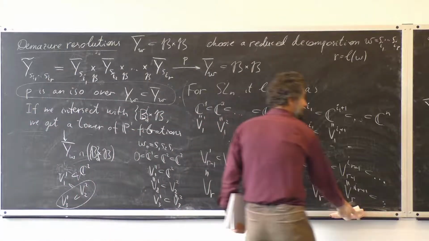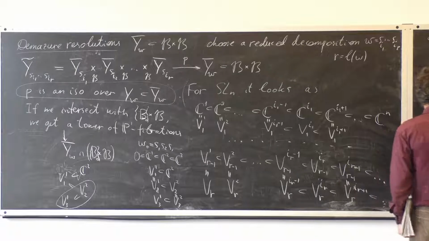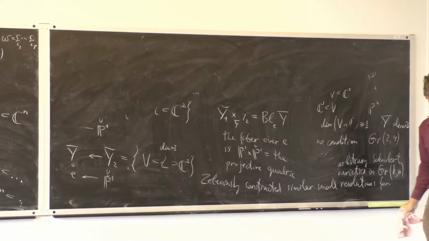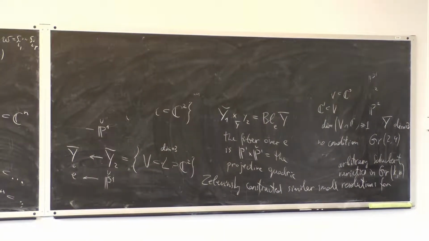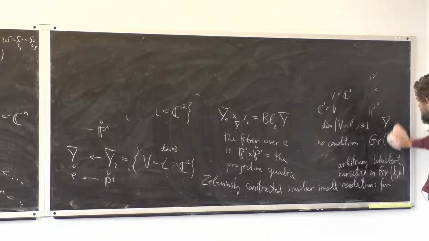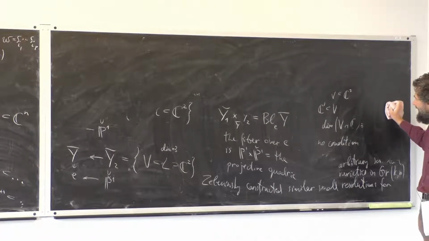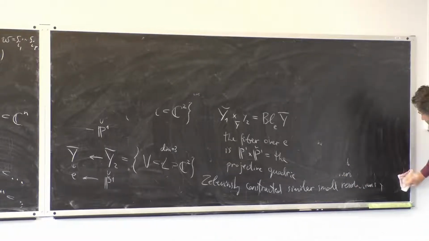So we have this Demazure resolution. There is a property of the Demazure resolution, but I'm not very sure of the memory. Is it true that the boundary of the Demazure resolution is a normal crossing divisor? Yes, it's a resolution in a very strong sense.